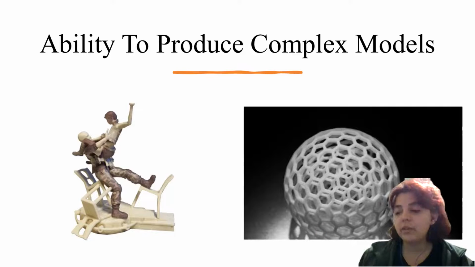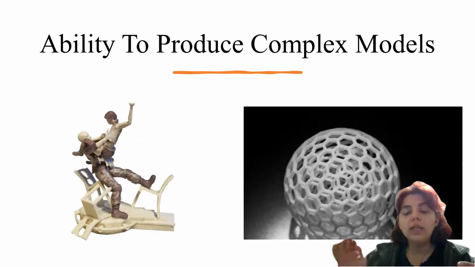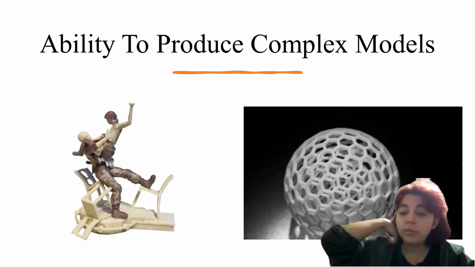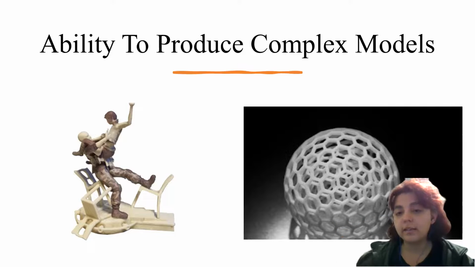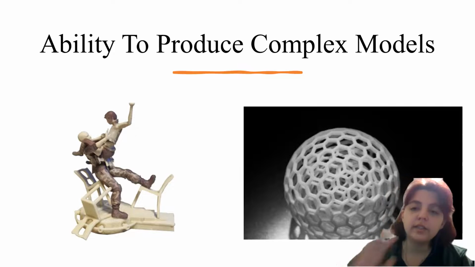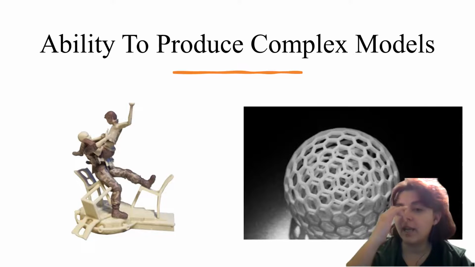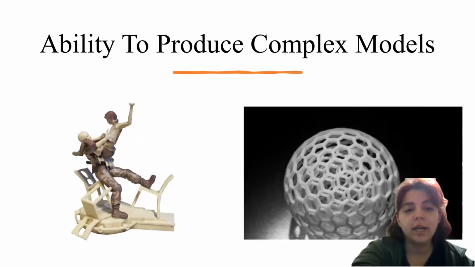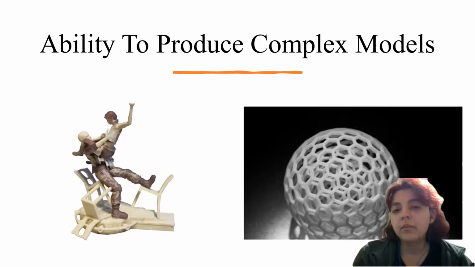But with 3D printing, you only have to write a computer code and send it to the 3D printer in order to obtain the complex models that you can see on the screen. You can see here the ball inside of the ball inside of the ball with cut holes in it, or the man on top of a man pushing the chair. These are very complex models.